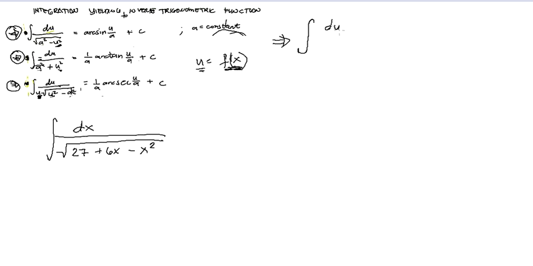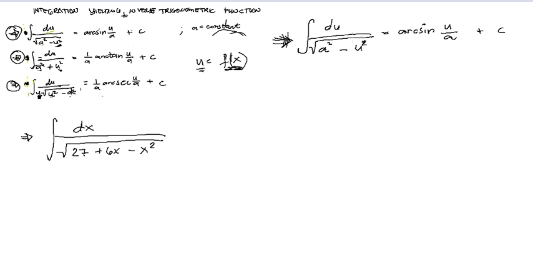We have du all over the square root of the constant that is being squared minus some function that is also being squared, and that is equal to the arc sine of u over a plus c. So our challenge is how can we transform our integrand into this form?